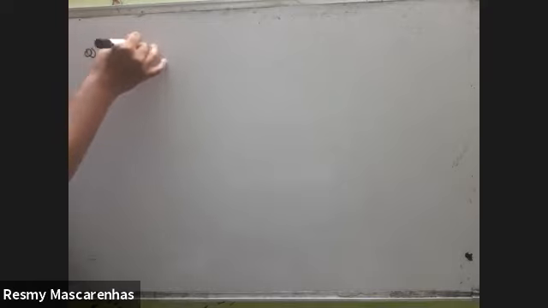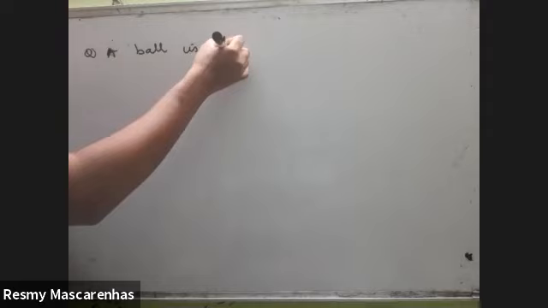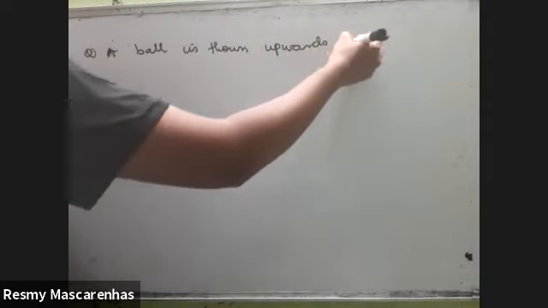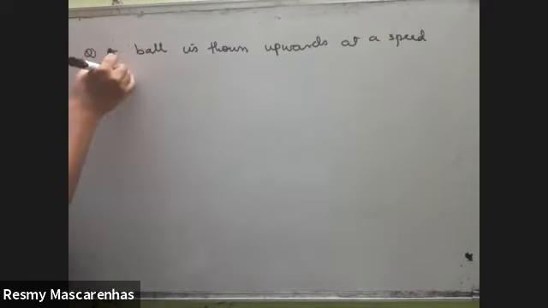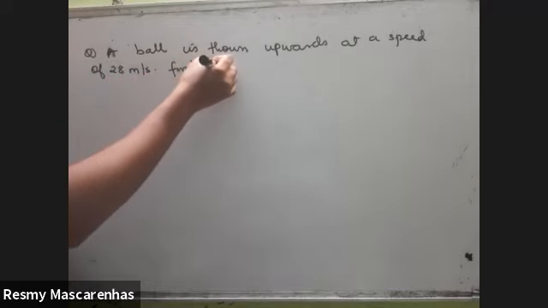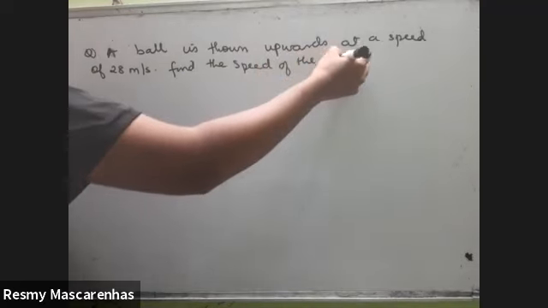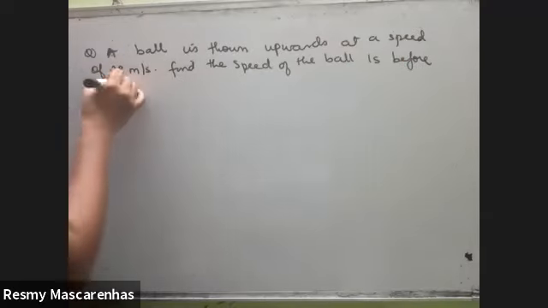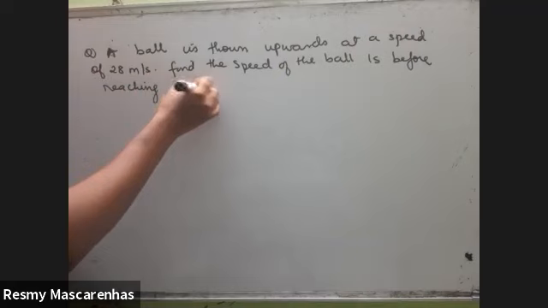A ball is thrown upwards at a speed of 28 meters per second. Find the speed of the ball 1 second before reaching maximum height.